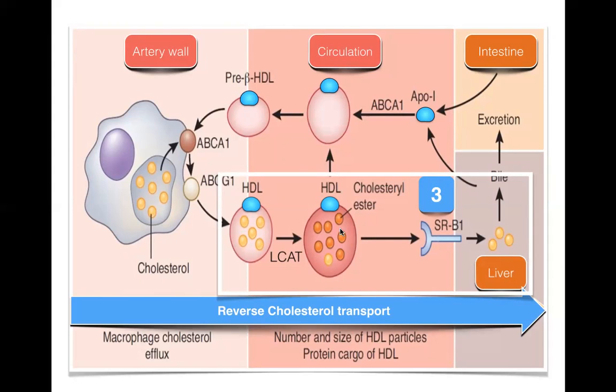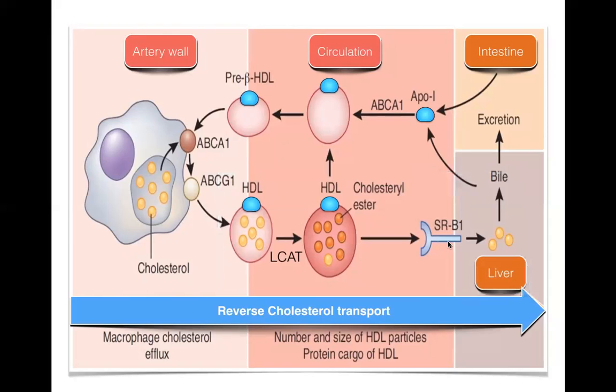Now, the cholesterol eventually interacts with scavenger receptor protein B1 found in the liver. So the HDL is never internalized, but rather this only transfers the cholesterol from HDL to the liver, where it is eventually catabolized in the form of bile. And HDL remains in circulation, continuing to pick up even more cholesterol.